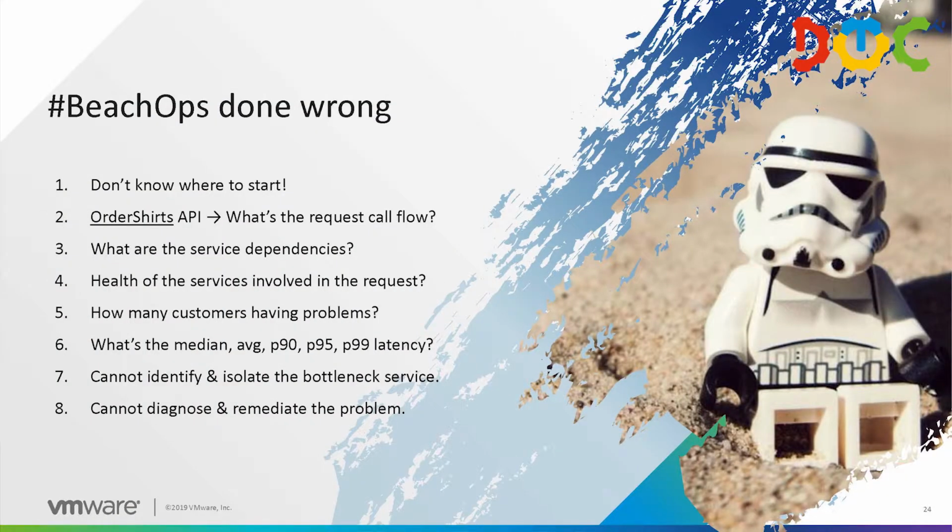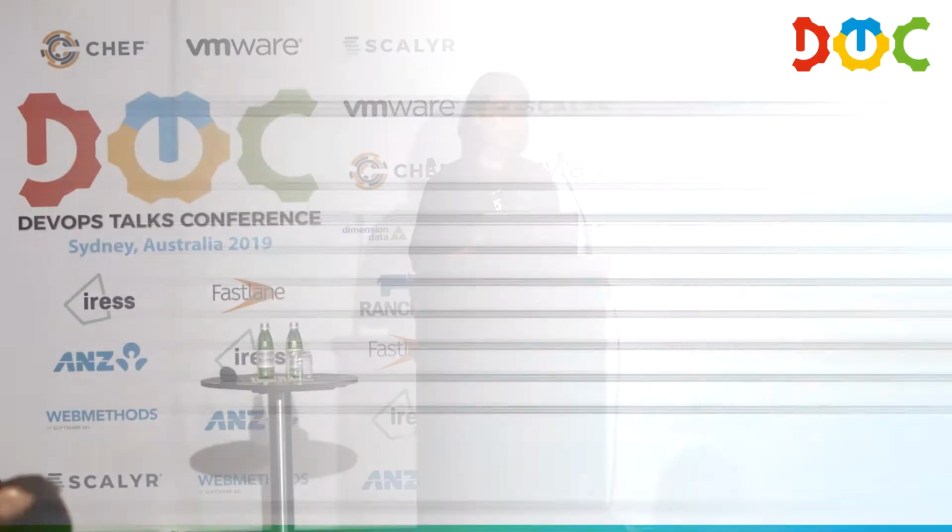Who else is impacted? Yesterday we had a great presentation talking about root causes. How many are impacted? You have no idea. And even if we identify those root causes, we have no idea what the health of other services is, or whether they could degrade into a problem. How many of the customers are actually having these issues?